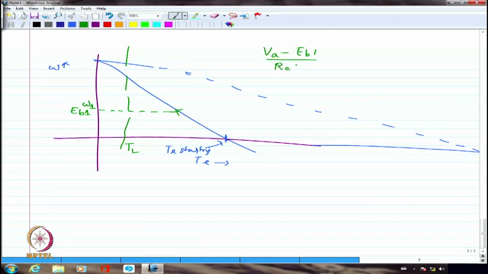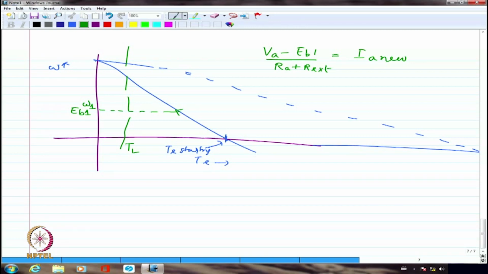With RA plus R external, whatever I included, that will be IA new. And IA new will definitely be smaller than IA starting, because in IA starting, EB was not there at all. Now I have another EB coming into the picture.